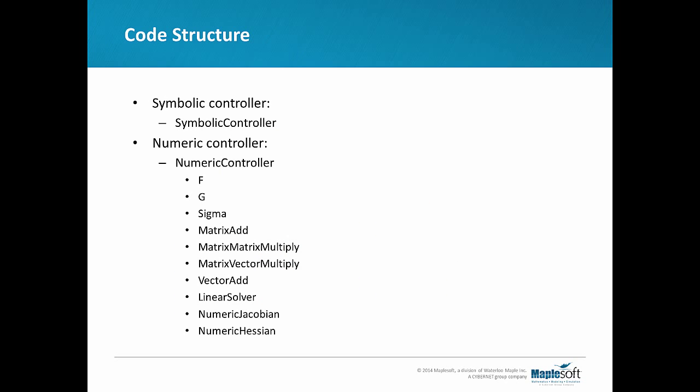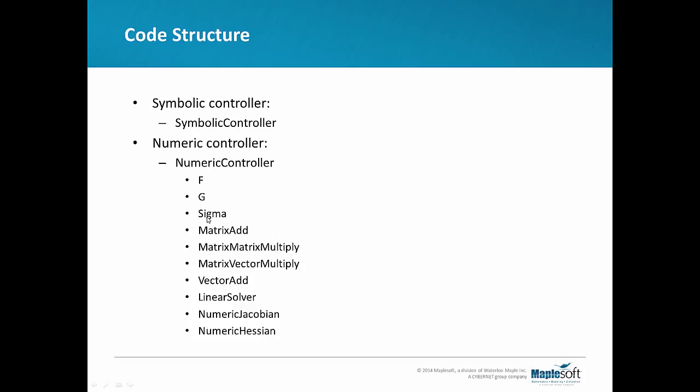So really, what you can see is that there's some advantages to using the symbolic controller. And one is that it gave us a really simple code structure. So the architecture of the resulting code is incredibly simple. We just have one function, one C function called symbolic controller. Much easier to manage than having the structure that you see with the numeric controller, where you have the numeric controller that I had to implement manually, and then you have F, G, and sigma.